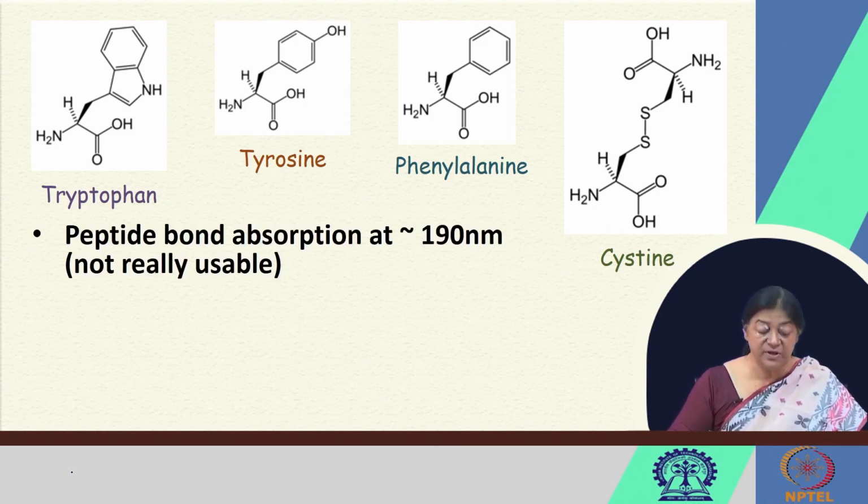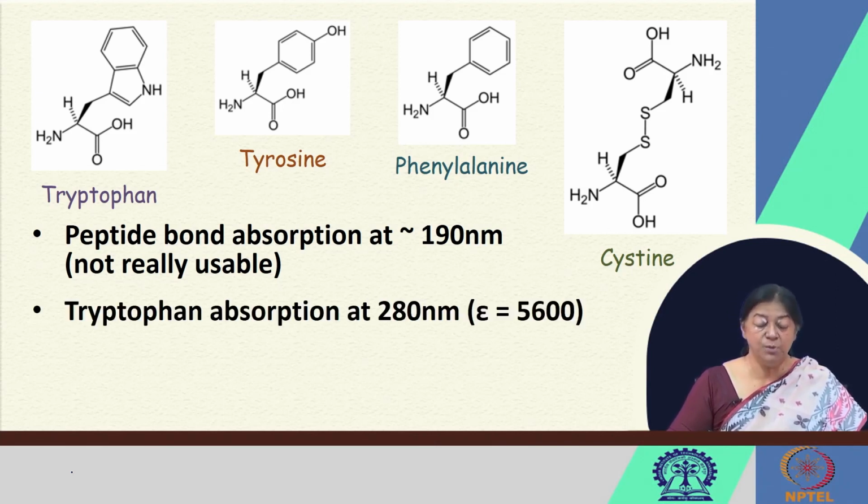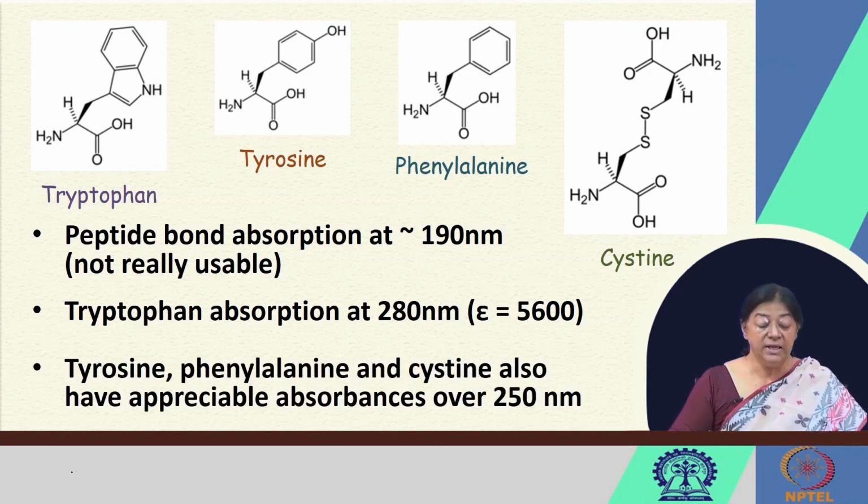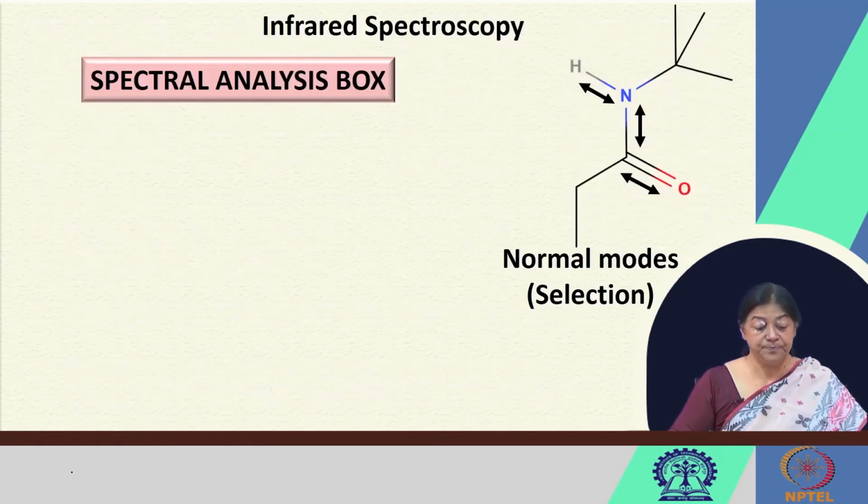These are the specific chromophoric moieties we can use for knowledge-based information about our proteins. The peptide bond absorption is not really usable, but the tryptophan absorption, having a very high extinction, which we learned before, is very important, in addition to tyrosine, phenylalanine and cysteine, that also show appreciable UV absorption above 250 nanometers.